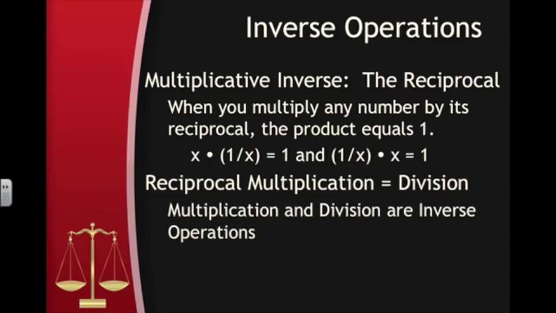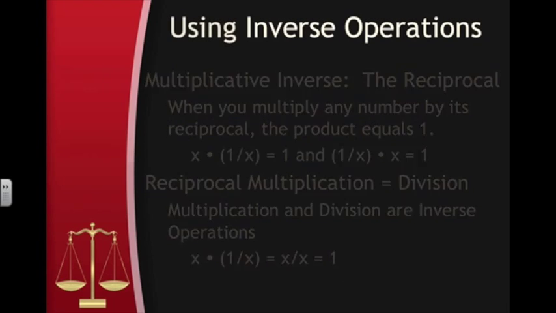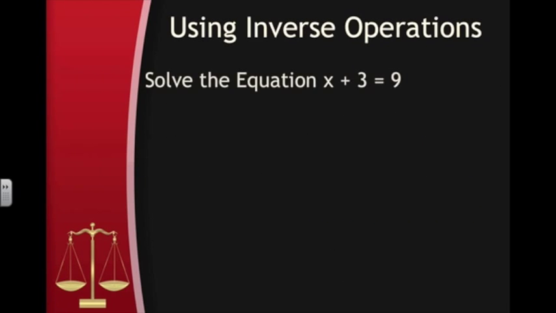Since multiplying by the reciprocal of a number is the same as dividing by that number, we call multiplication and division inverse operations. As we can see here, x times 1 over x, which is the reciprocal of x, equals x over x, which is 1.